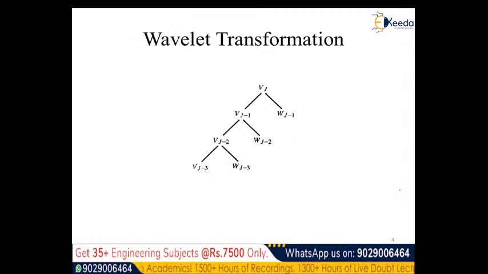At the top, as denoted in the earlier diagram also, we have V suffix J. Then we have the two parts, V suffix J minus 1 and W suffix J minus 1. V suffix J minus 1 again has two parts, leading to V suffix J minus 2 and W suffix J minus 2. Further we have the bifurcation into the two roots, V suffix J minus 3 and W suffix J minus 3.